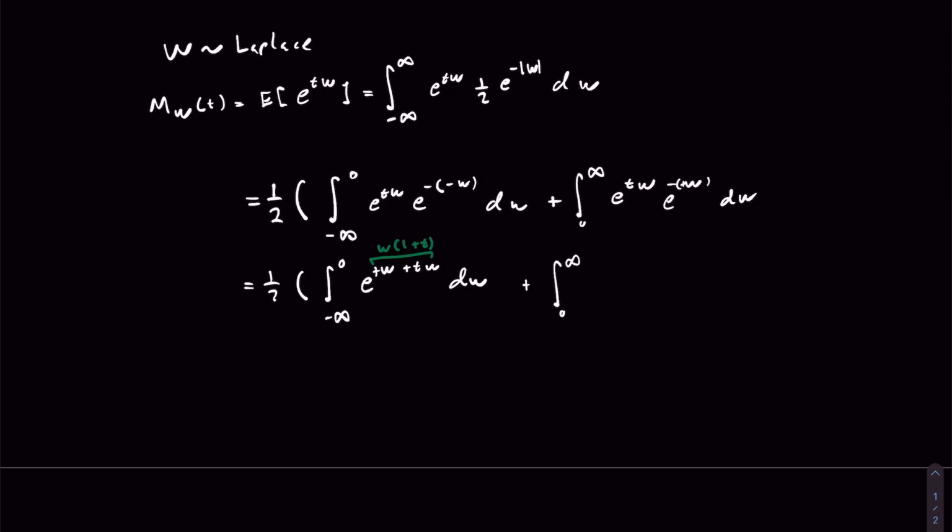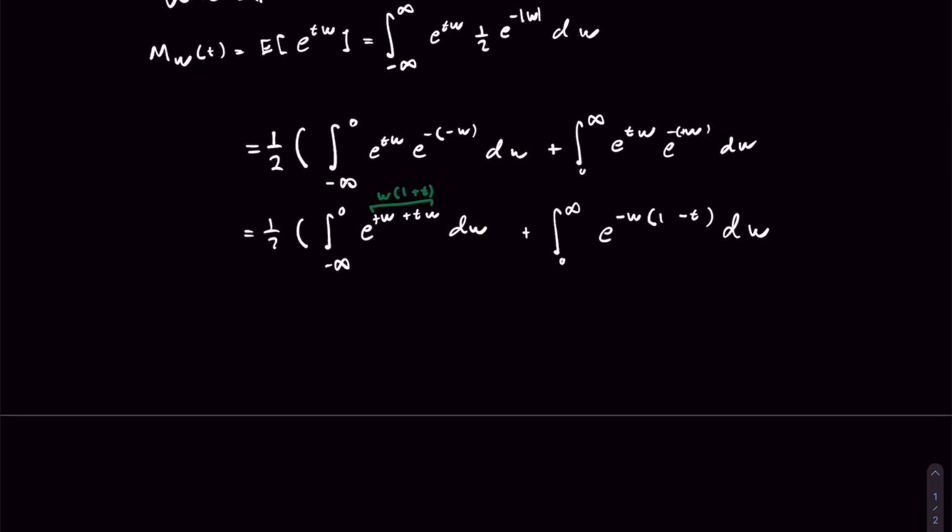Here we have e to the minus w, and in here we have plus t, so that's minus t, 1 like that. Okay. All right.